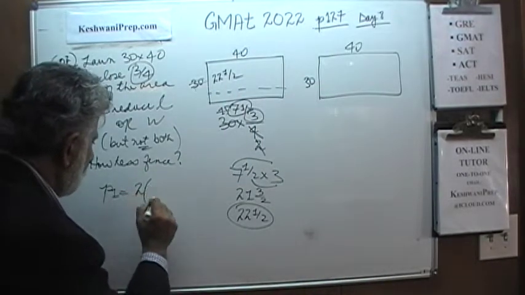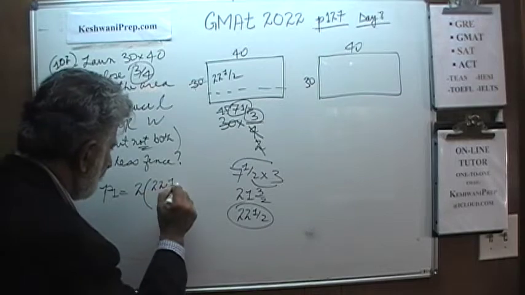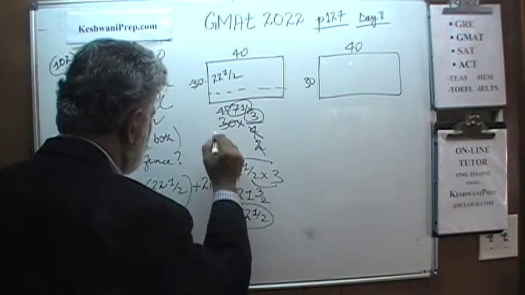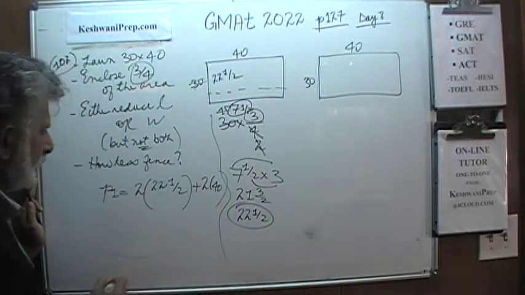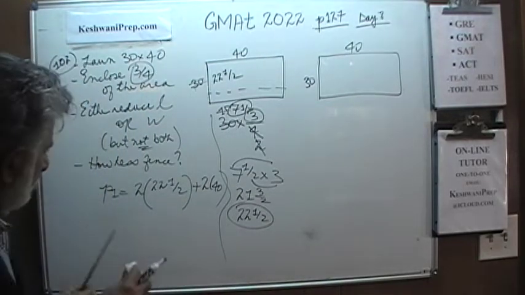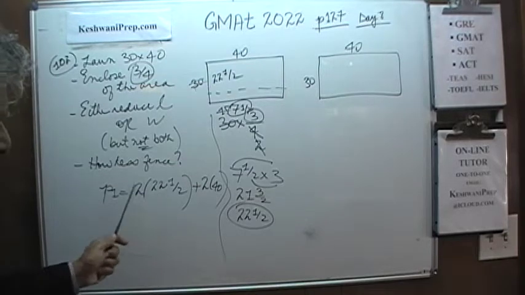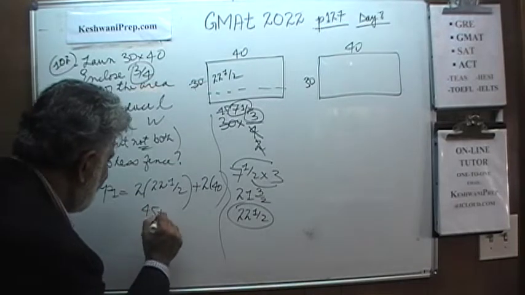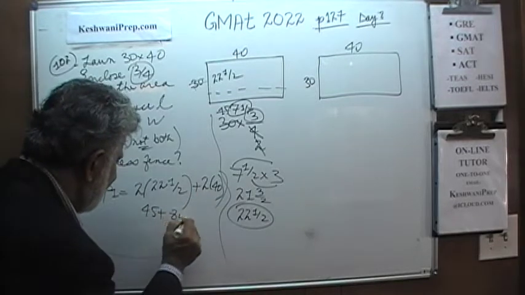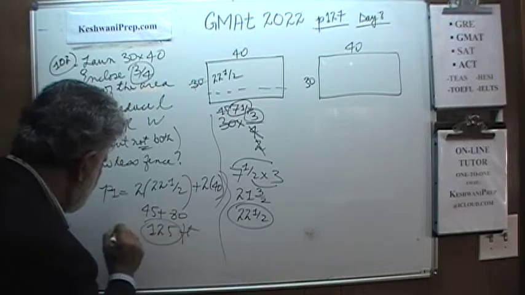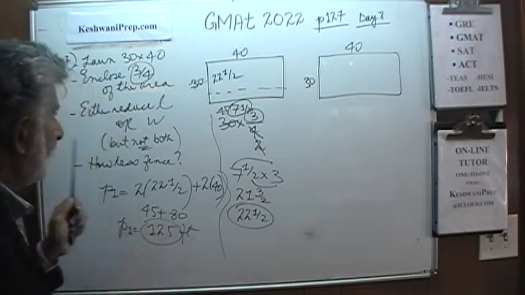There's 2 times 22.5 plus 2 times 40. 22 times 2 would be 44, and we have a half, so it's 45. 45 plus 2 times 40, which is 80. It looks like it's 125 here. 125 feet. That's the perimeter of this guy.